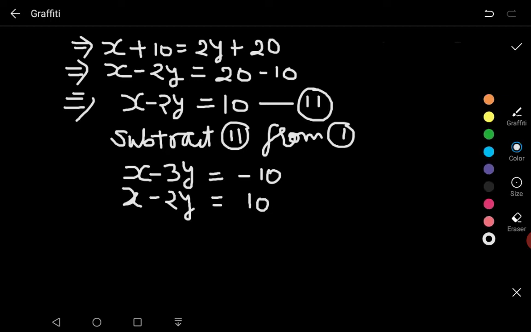So to subtract, what we will do, we will change the sign first.